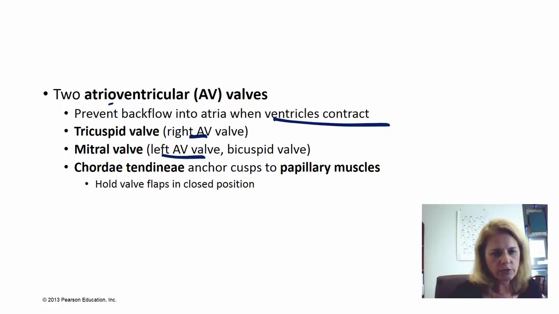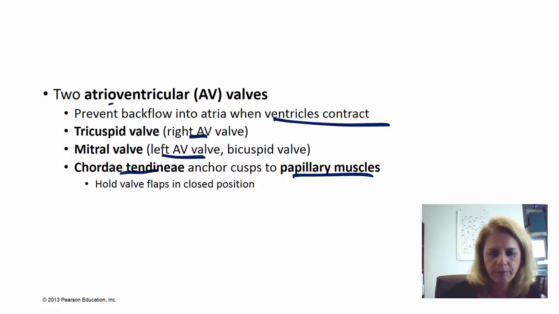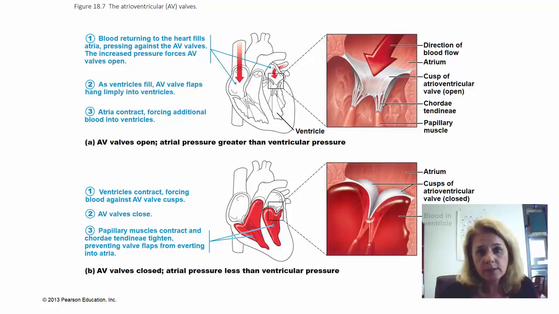And you have two structures that are associated with these valves called the chordae tendineae and the papillary muscles. And these help hold those flaps in a closed position. So they're going to kind of anchor those valves and keep them closed and prevent the blood from regurgitating back up into the atrium. So this is what this looks like. So here are your actual valves, okay? And so these little, these are the heartstrings.